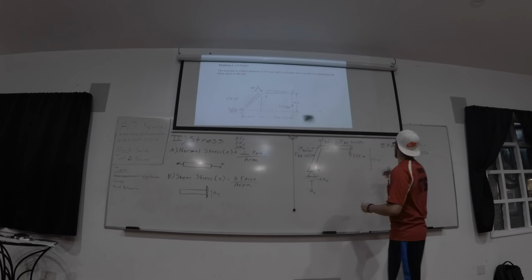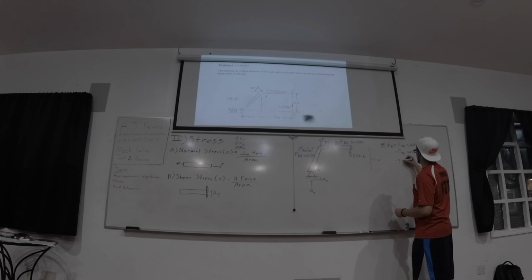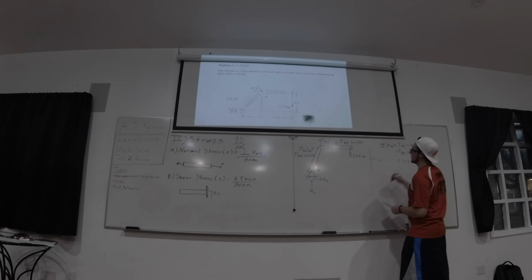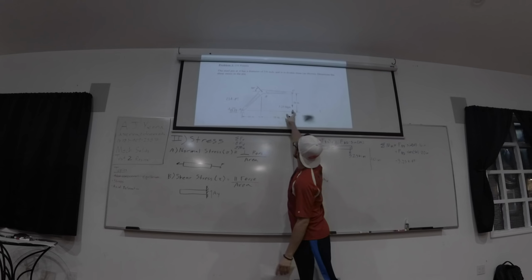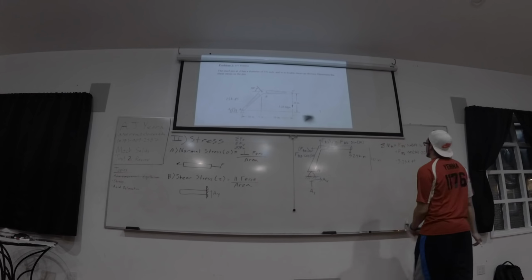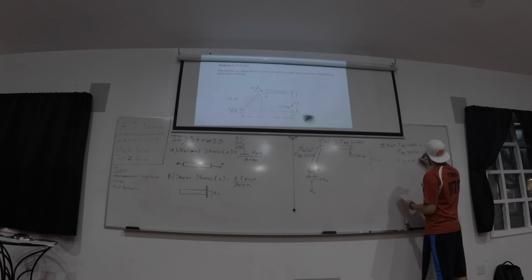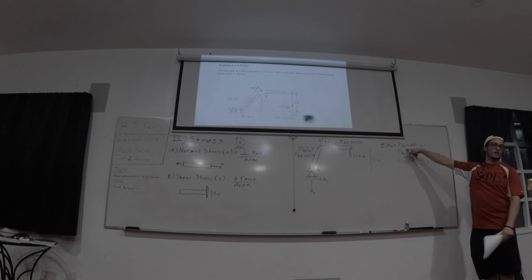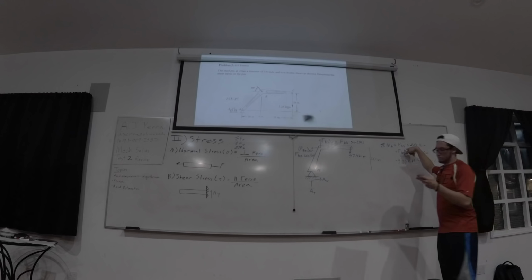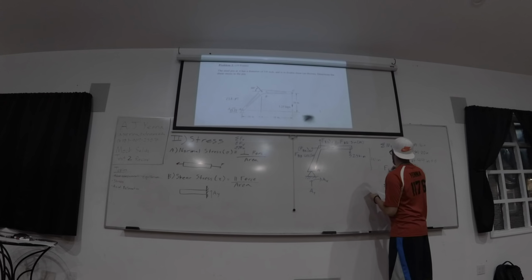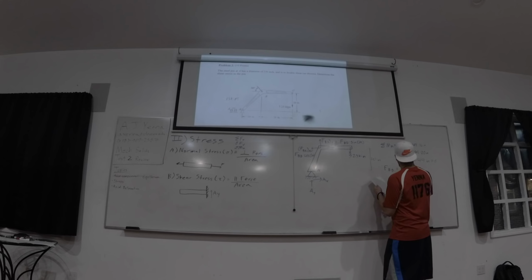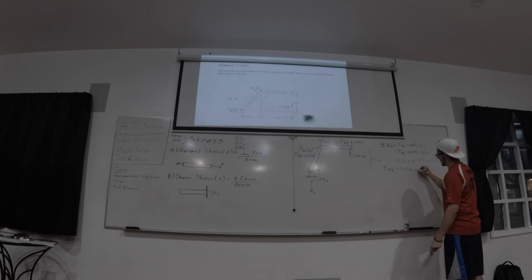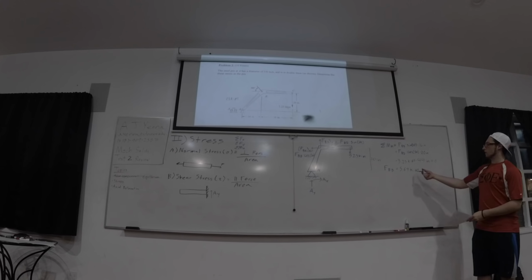Minus, because it's clockwise, the 3.25 kips times the 44 inches, which is just 16 plus 28, which is the horizontal distance from A to C. Equals 0. Same thing, you only have one unknown. Do a little bit of algebra. It spits out the force in BD is equal to 5.69 kips. That's the first of the three.